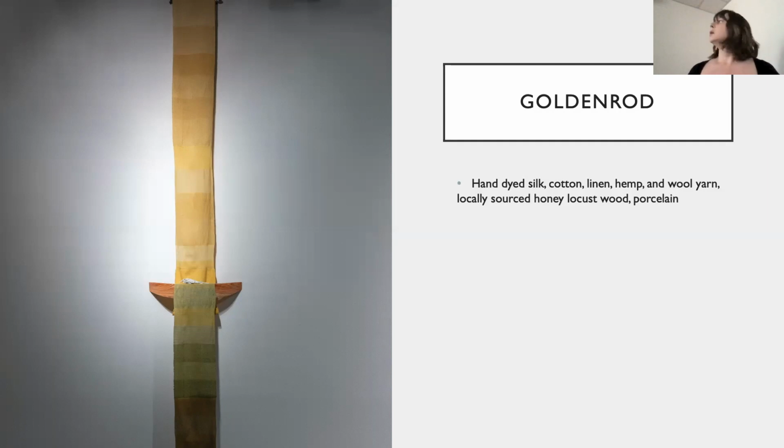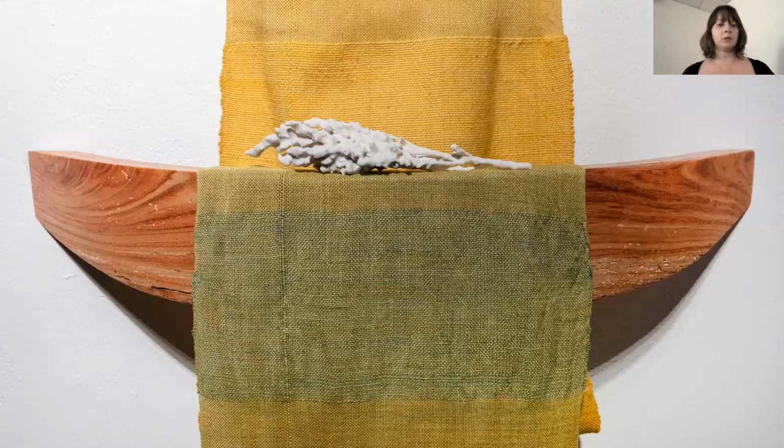Visually, I wanted to reference a beam of light falling on the landscape, and with the shift from yellow to green, a sort of horizon line. So that piece was really about how you can start to notice more subtle differences once you really are paying attention.